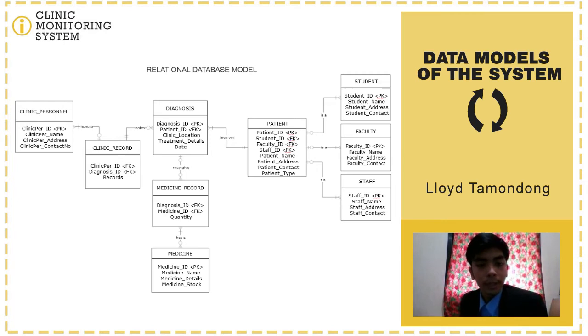The clinic personnel have a clinic record, which records the diagnosis for their patients. The clinic record notes the diagnosis, and the diagnosis is composed of clinic location, treatment details, and date of the diagnosis of their patients.